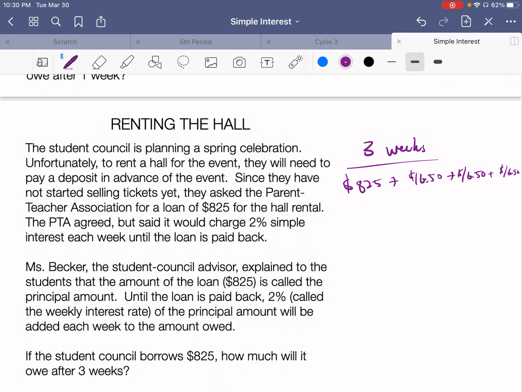I'm going to use my calculator here. I believe that should be $874.50. But you see what's happening is you're just adding 16.50 every time.